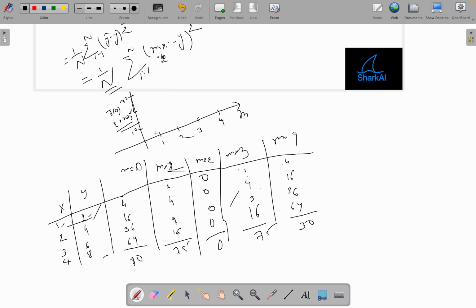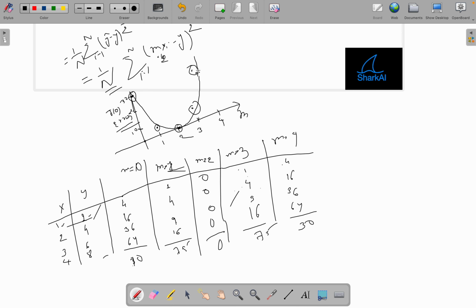So when m is 0, we have 30, this point. Okay. When m is 1 we have this value 7.5 around here. When m is 2, then error is 0. When 3, it is 7.5. When it is 4, then it is 30. So when you plot this, it will go like this.